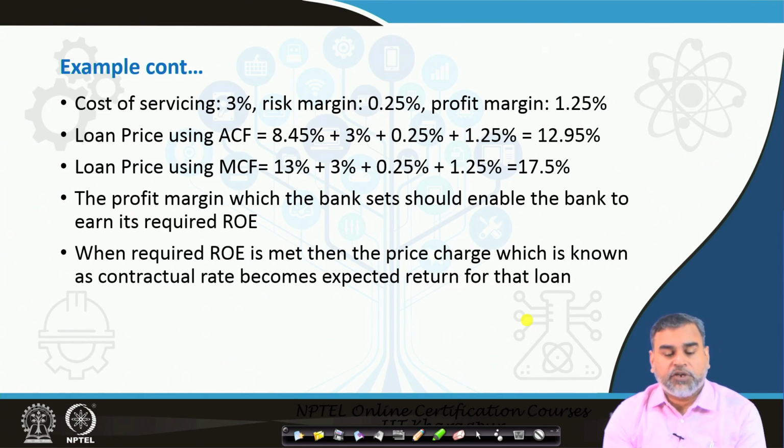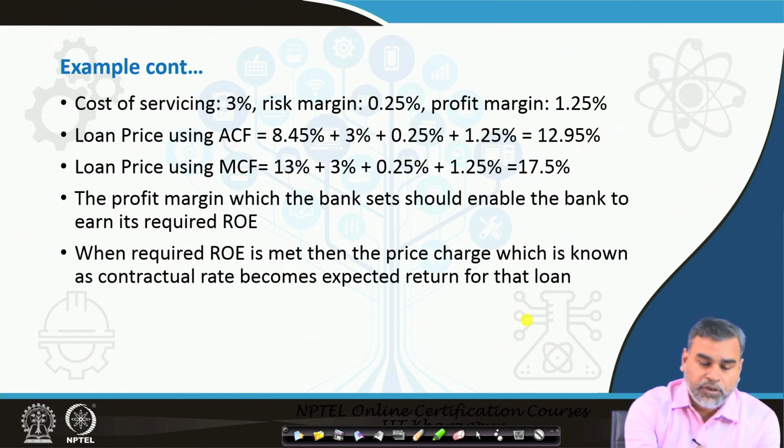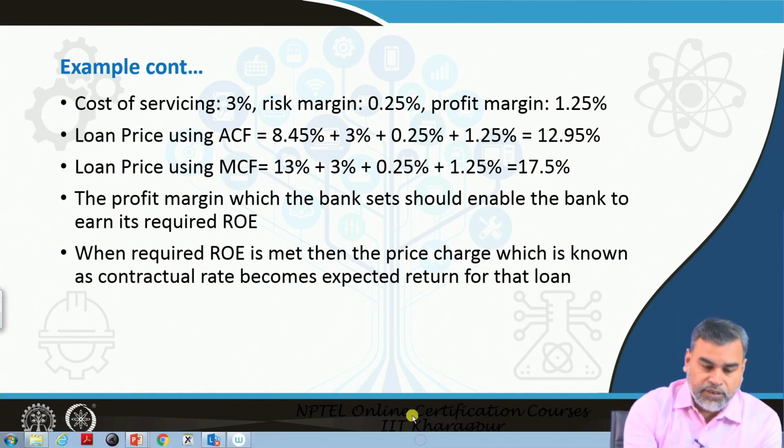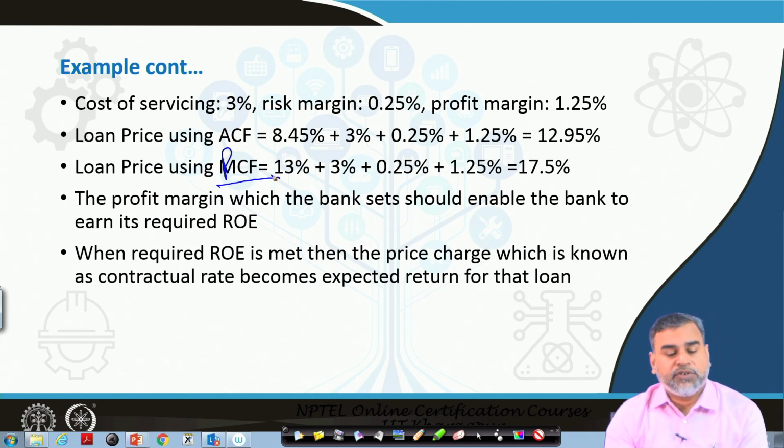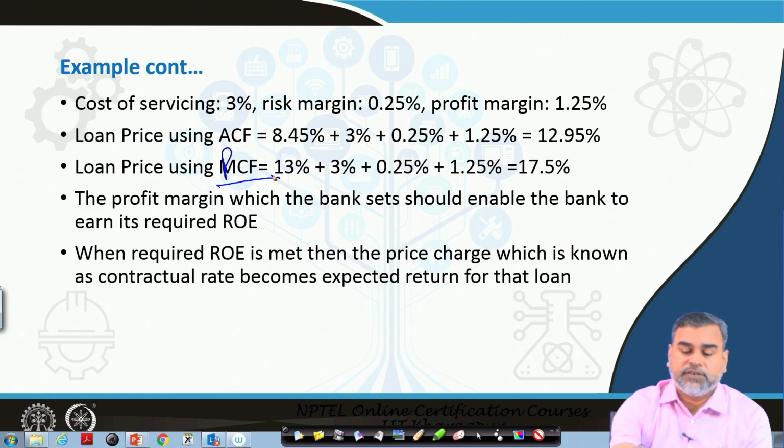Then the loan price has become 8.45 plus 3 plus 0.25 plus 1.25, that is 12.95, and if you go for the PCF, the pooled cost of the fund, then it is 13% plus 3% plus 0.25% plus 1.25%, that is 17.5%.